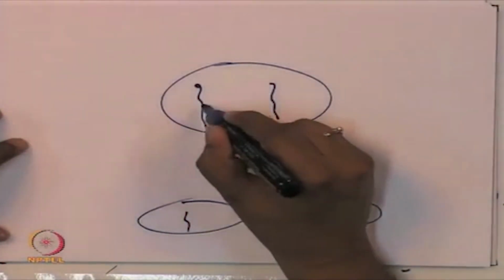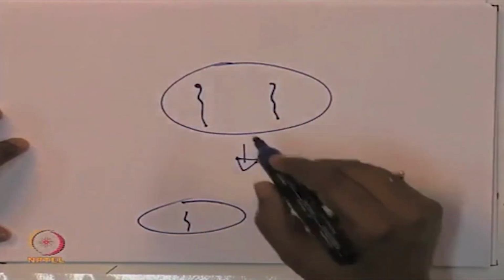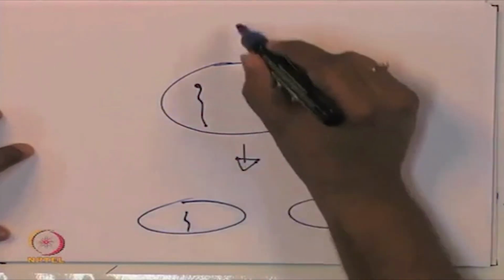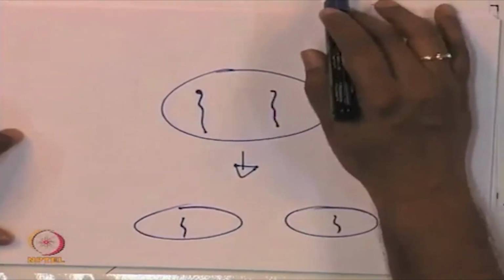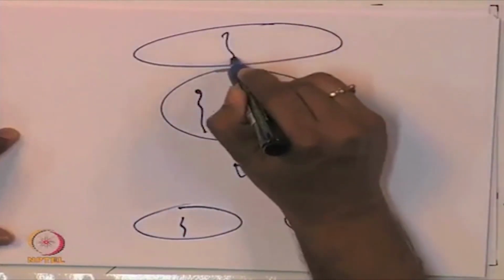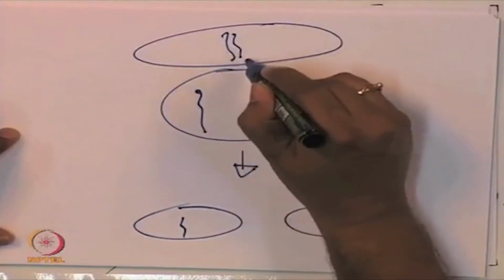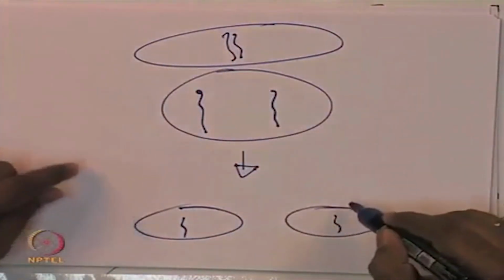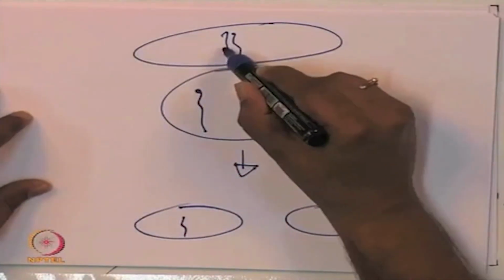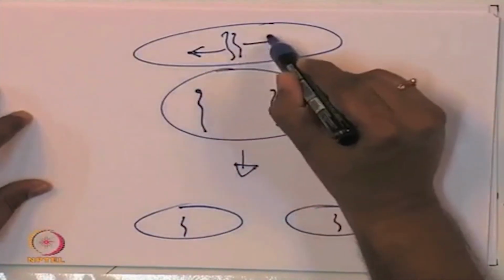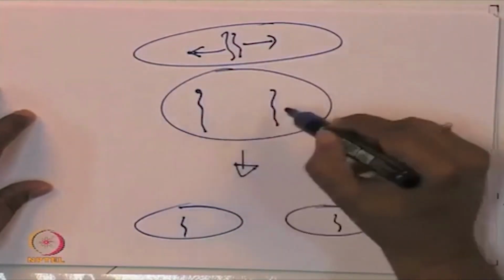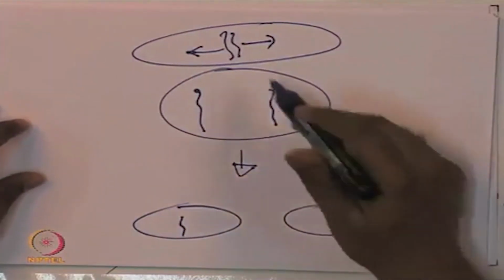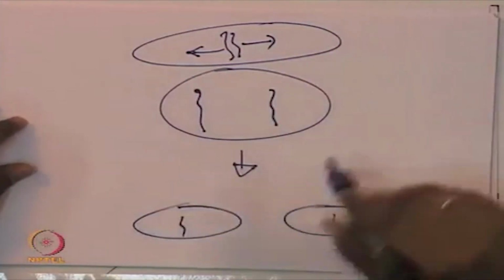This is what essentially happens, but for the chromosomes to reach these 2 parts of the cell, initially the chromosomes will be like this, and they have to be pulled apart to reach this kind of situation, and then the cell division happens. So, you have 2 chromosomes, this has to be pulled in this direction, and this has to be pulled in this direction, so that the chromosomes are pulled apart, and then you get this. This is the kind of cell division we are thinking about.